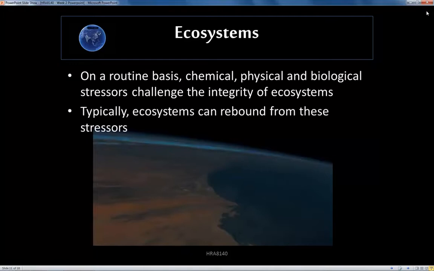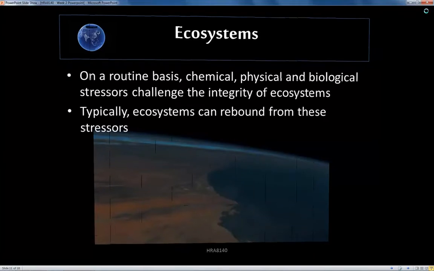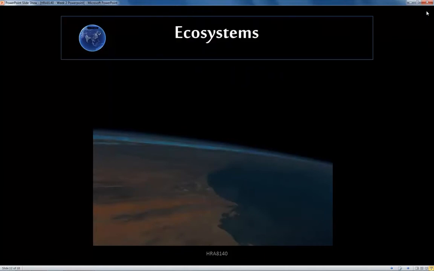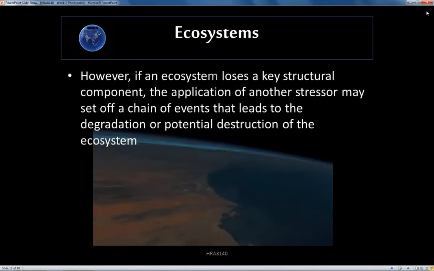Typically, ecosystems can rebound from these stressors. However, if an ecosystem loses a key structural component, the application of another stressor may set off a chain of events that leads to the degradation or potential destruction of the ecosystem.